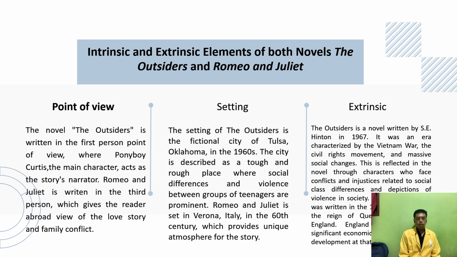Romeo and Juliet is set in Verona, Italy, in the 19th century, which provides a unique atmosphere for the story. Extrinsic. The Outsider is a novel written by Susan Ellen Hinton in 1967, an era characterized by the Vietnam War.